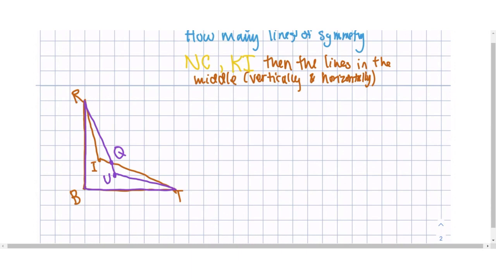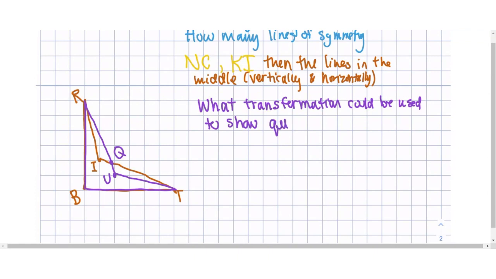So what transformation could be used to show that quadrilateral Brit is congruent to quadrilateral Brute?